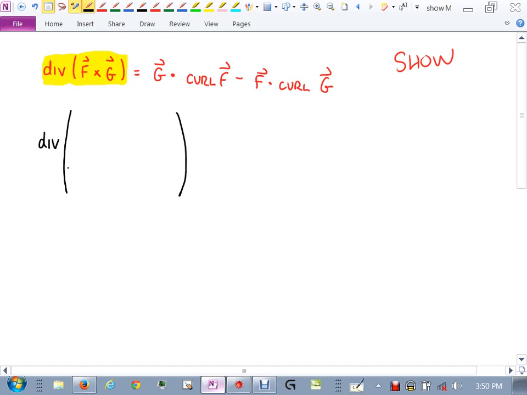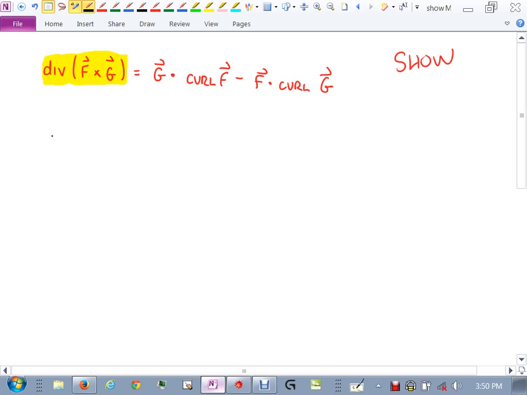Well, hold on a second. There are so many different ways of doing this that we're all going to find our own path to the answer here, hopefully. And this is one of your take-home problems, right? On your mini exam, the last problem is to show an identity.